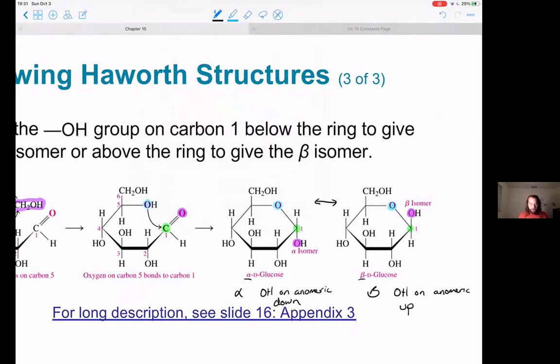Okay, so you have this glucose that's in its open chain form. It goes to this closed chain form. It could produce either the alpha or the beta isomer. At this point, the only thing that's important is that we can look at a closed chain form of a sugar and distinguish whether it's the alpha or the beta isomer. So again, we're going to find that anomeric carbon and figure out which direction that hydroxyl group is pointed.